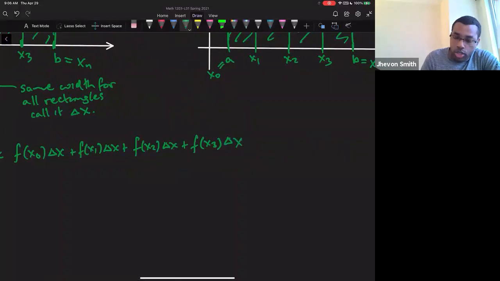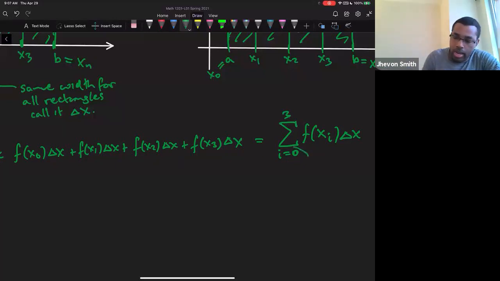This, by the way, there's a shorthand for this with something called the summation sign, a sigma. So it says you're adding up things of this pattern, f of xi times delta x, where the i can be 0, 1, 2, or 3.